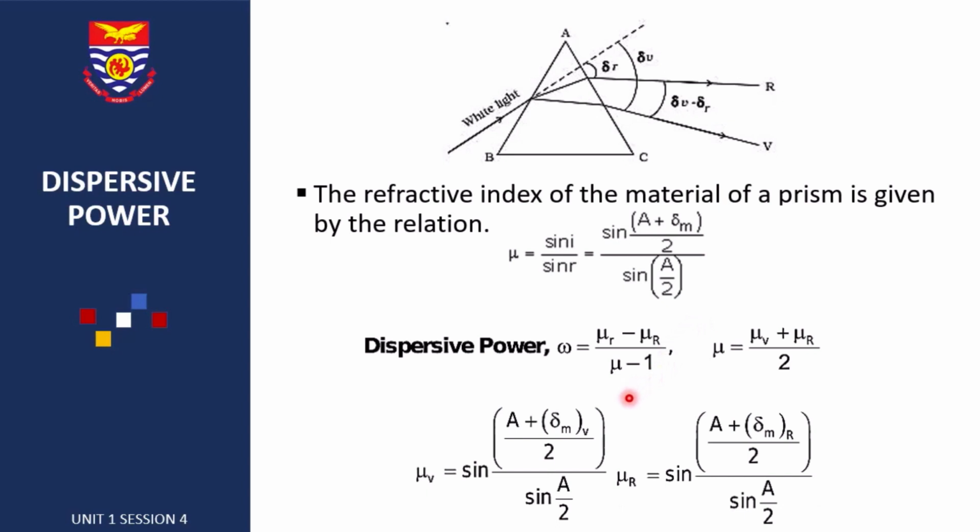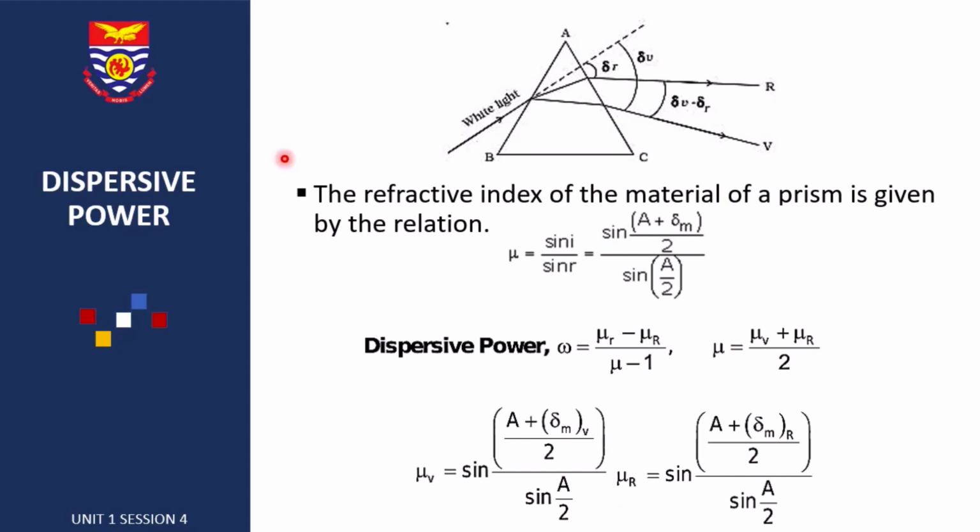There's one common formula that we call the dispersive power. When you say dispersive power, it is the power to separate a light source into different components.